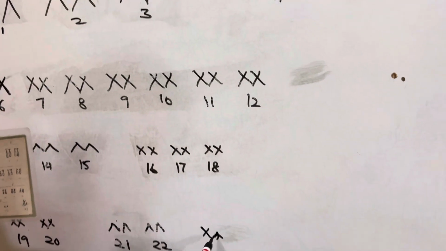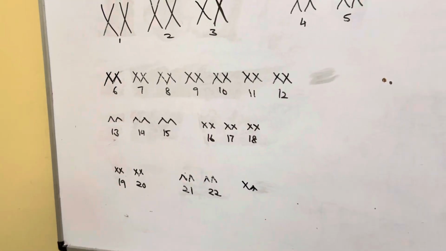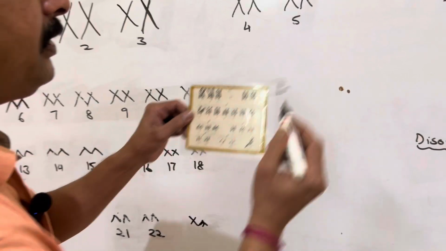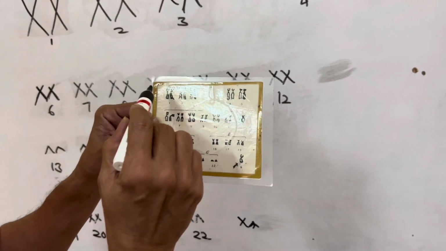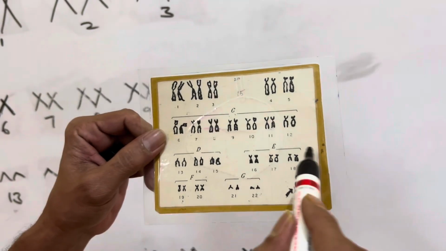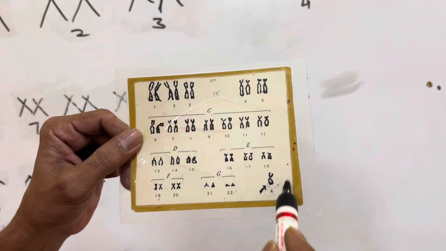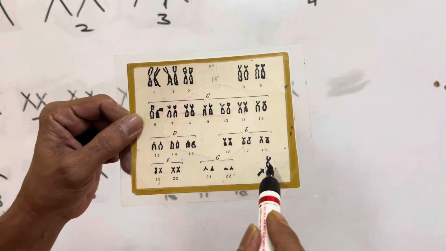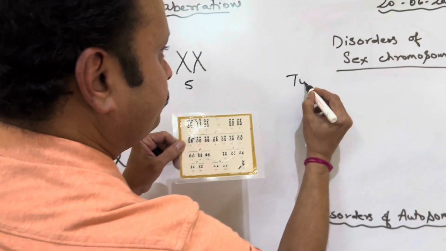Now coming to the other disorders, let us go with the disorders of sex chromosomes. In this chart, nowhere there is any arrow indicating an abnormality in the autosomes, but instead of two X chromosomes, there is only one X chromosome here. So it has to be Turner syndrome.